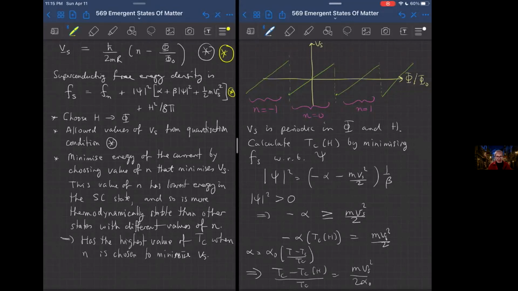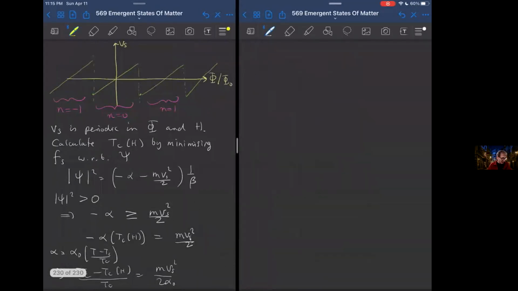And so what you're going to end up with is a periodic variation of the critical temperature. So because it goes as m Vs squared, what it's going to look like is this.